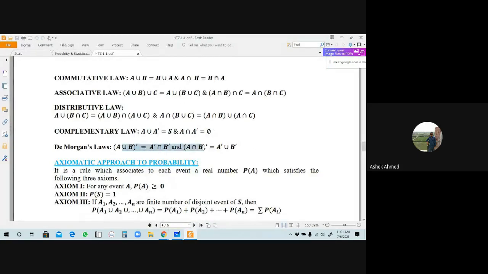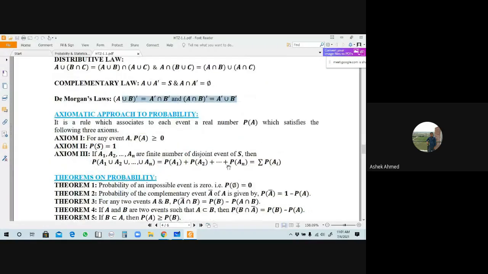I have already discussed De Morgan's law. Today, I will discuss the axiomatic approach to probability.